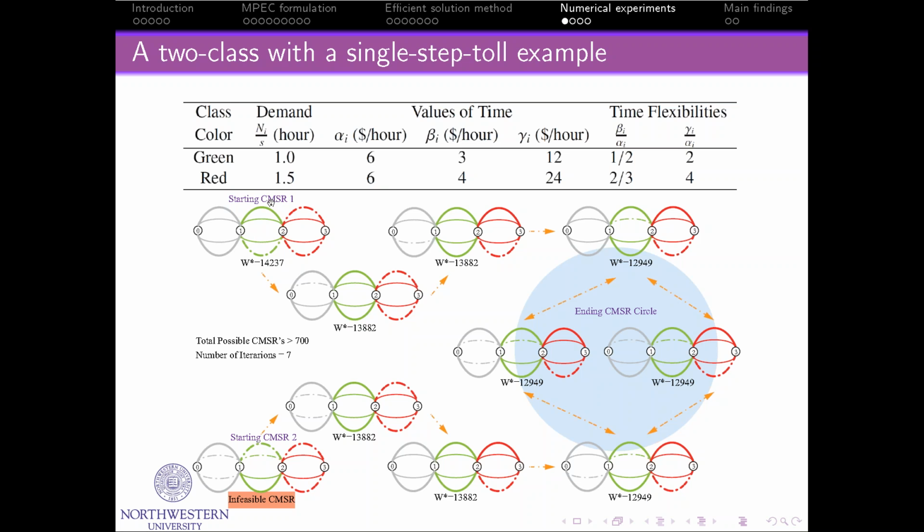So we first start with CMSR 1, and it goes through the path, and here is an ending CMSR cycle. And even if we start with a CMSR that's infeasible, which means that there is no step-toll scheme that can lead to a user equilibrium that lies in CMSR 2, it still very quickly leads us to this ending CMSR cycle, so we can find the optimal solution.